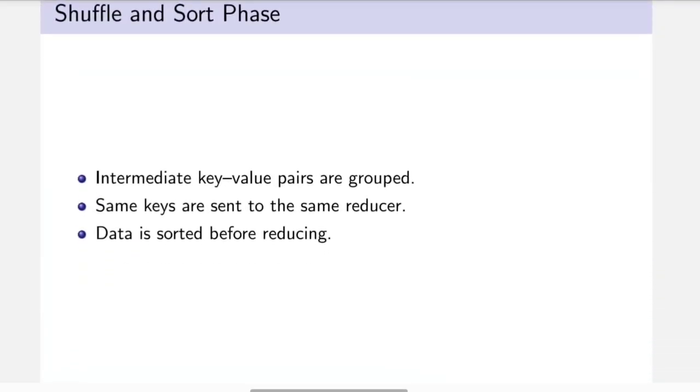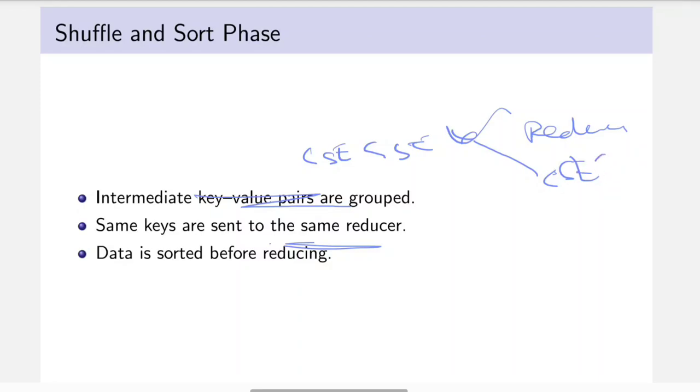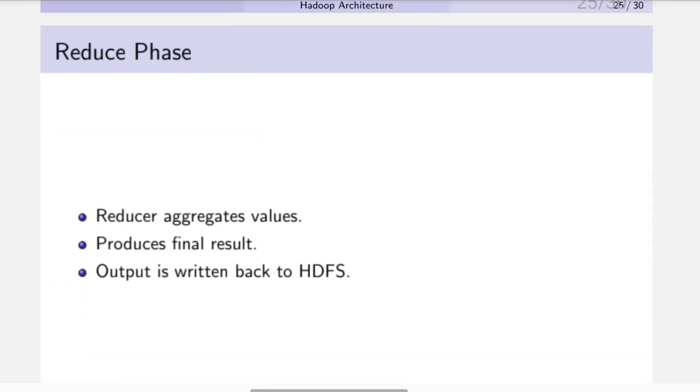Now the shuffle and sort phase. The key value pairs are grouped. CSC is grouped because two students are there. Same keys are sent to reducers, such that the reducer will give output as CSC, where two students are there. So data is stored before the final calculation. Now moving on to the reduce phase.